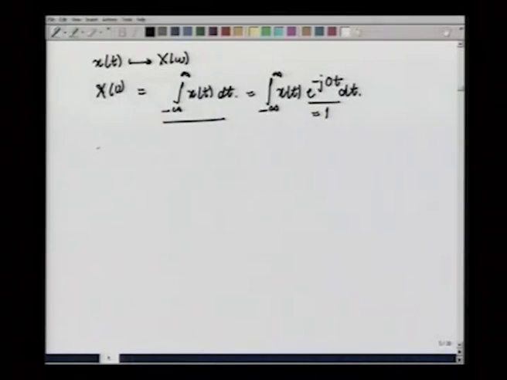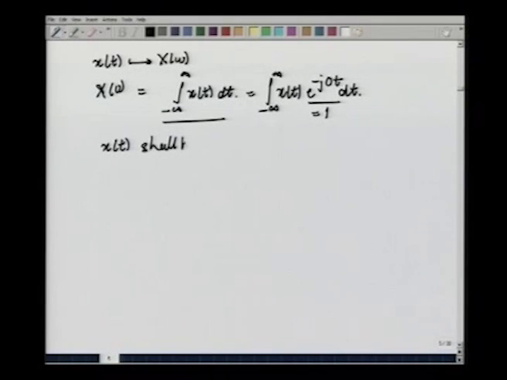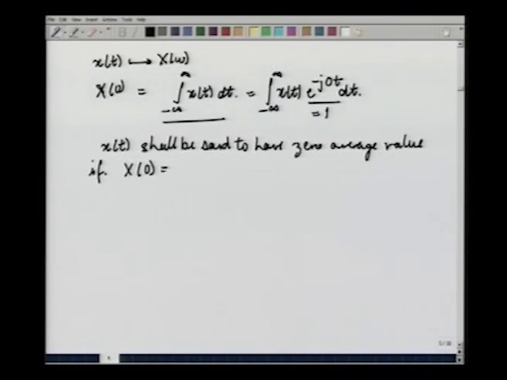Suppose you have x of t, I will say that x of t has 0 average value if X of 0 equals 0.